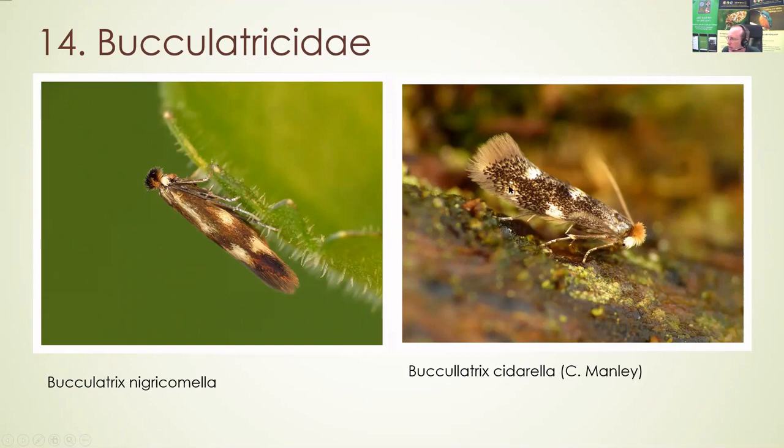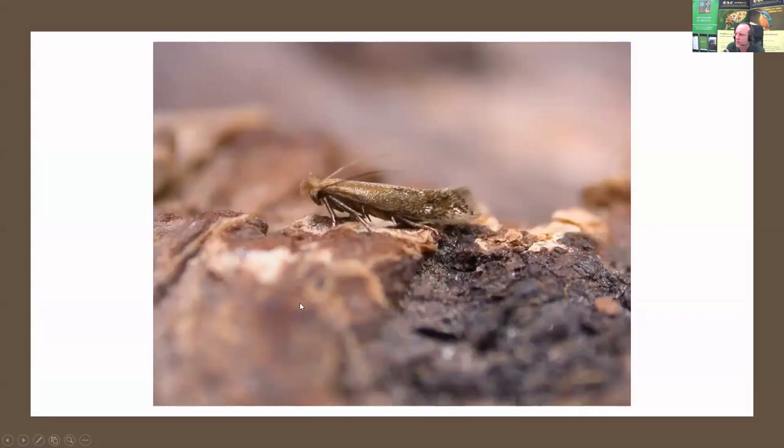So let's come back to that mystery moth that I showed you at the beginning. What can we say? Well, we can knock out a few of the species. It's clearly not a nepticulid. It's long and thin, and the head's wrong. It's not a Coleophora, for example. The antennae are swept back.